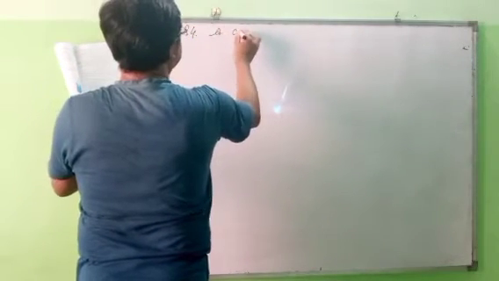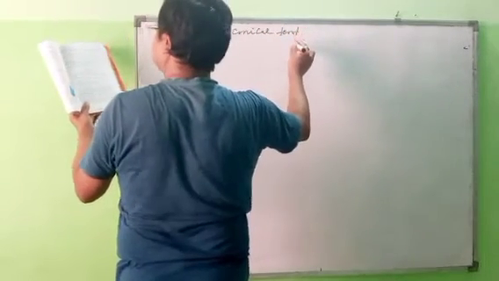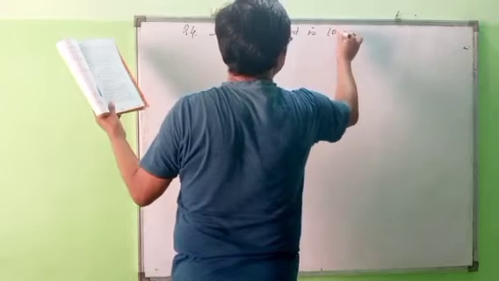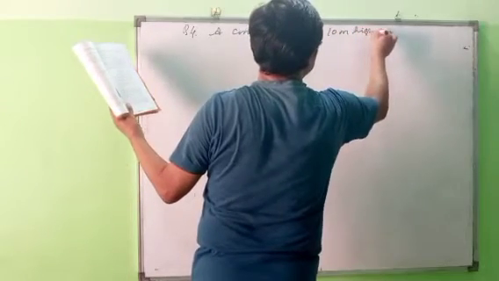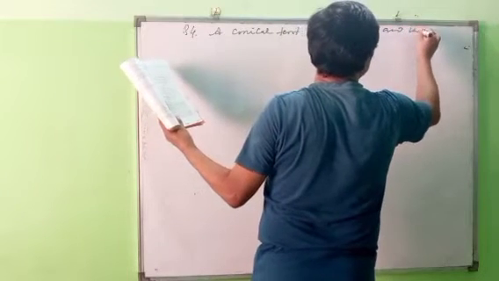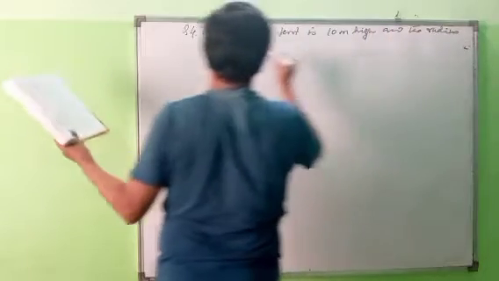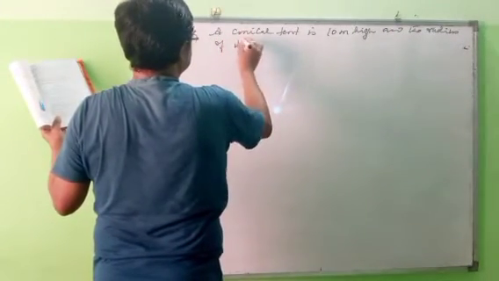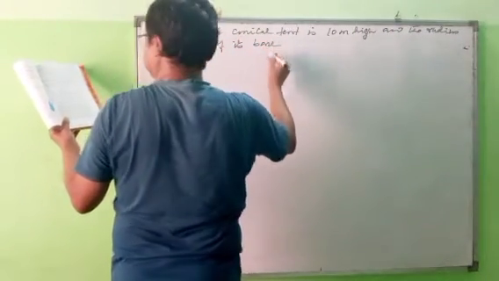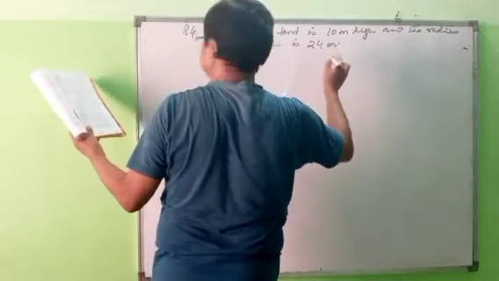A conical tent is 10 meter high, and the radius of its base is 24 meter.